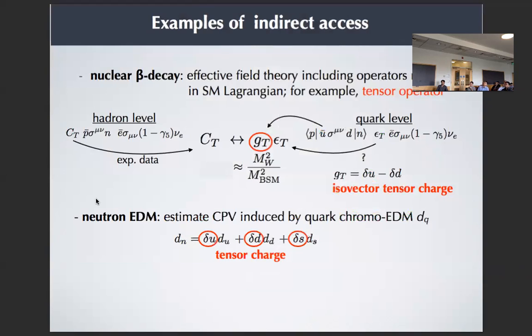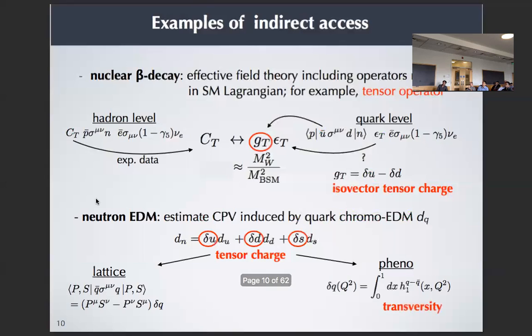Again, the deal is the same. For example, you can use experimental determination limits on the neutron electric dipole moment to put constraints on the quark electric dipole moments that give you the size of the CP violation. But in order to do this, you need to know precisely each single flavor contribution to the tensor charge.